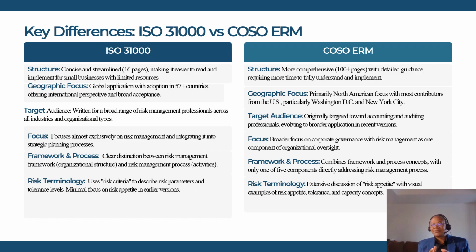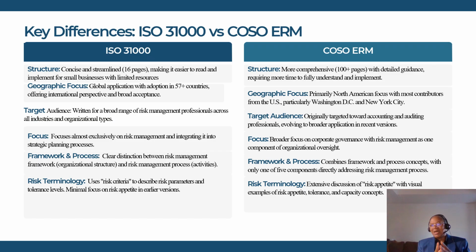Framework and process. For ISO 31000, there is a clear distinction between the risk management framework, or organizational structure, and the risk management process, which is the activities. But the COSO ERM combines framework and process concepts, with only one of five components directly addressing risk management processes. And the terminology is similar.